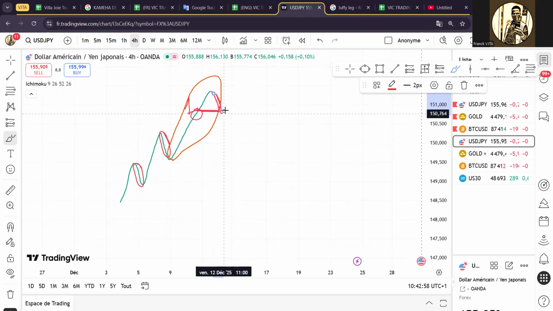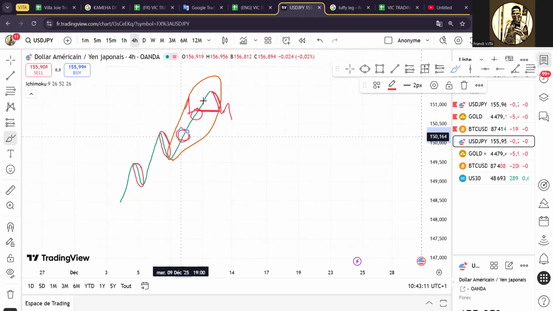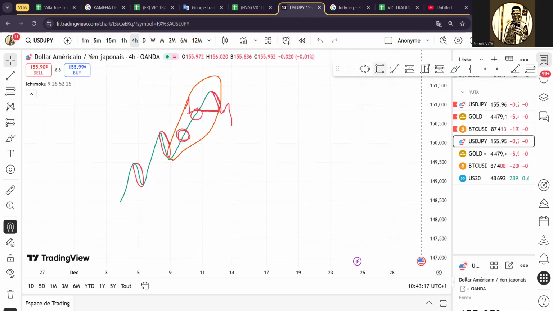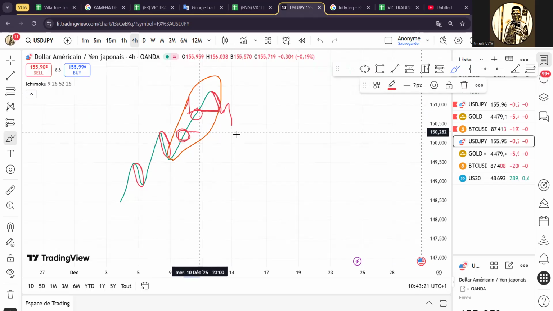Now, the candle can keep going down, but where will be the next stop? The next stop will be at the second red candle on this last leg. So at its body, at this level, like this, the candle will stop.